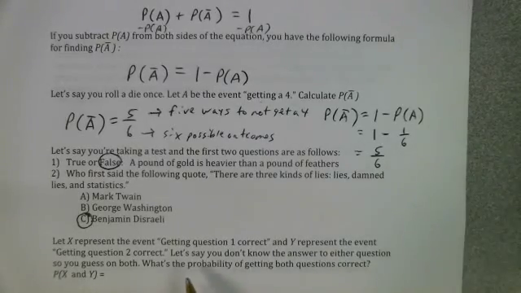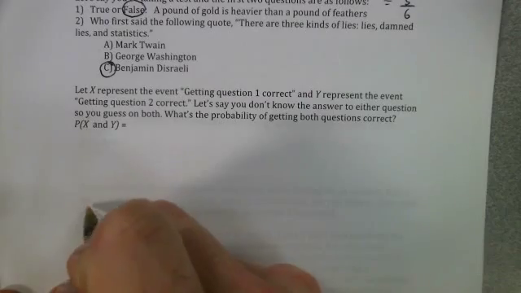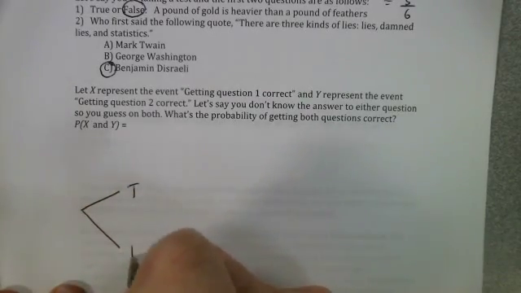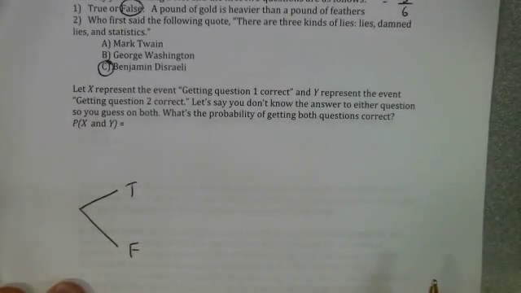Okay, so I ask, what's the probability of getting both questions correct if you just guess? Well, we could make a tree diagram to see all possible outcomes of what could happen. So let's say you guess on the first question. You could either guess true or you could guess false.